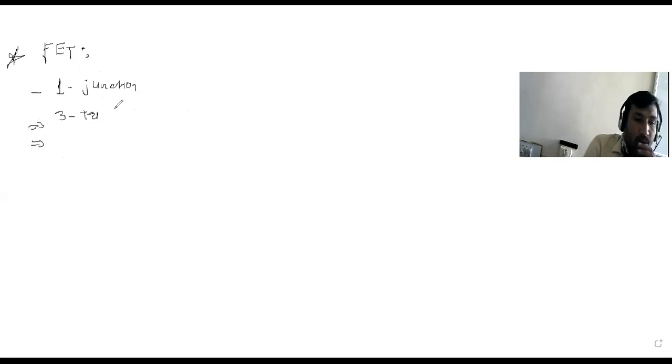Okay. So now the FET is divided into mostly 2 types. First one is, which one? JFET. Okay, good. FET is divided into 2 types.